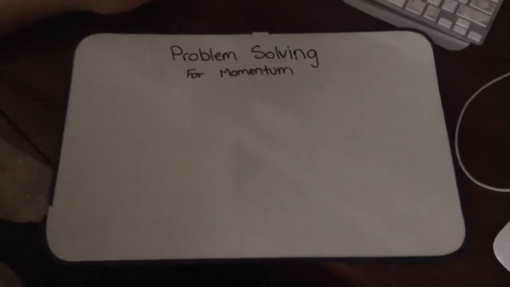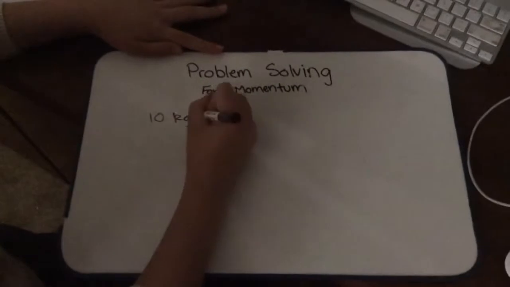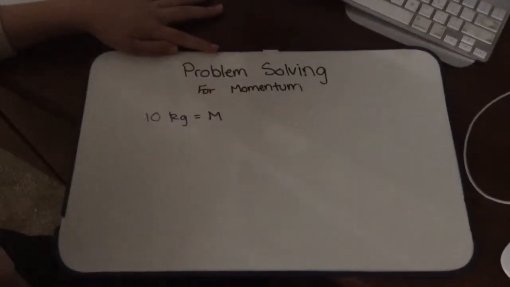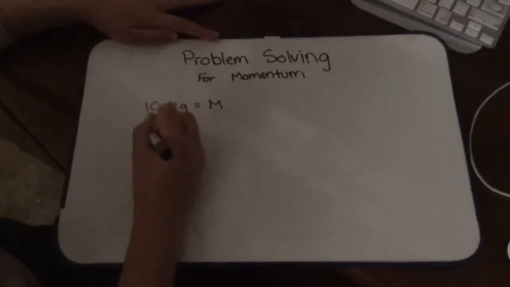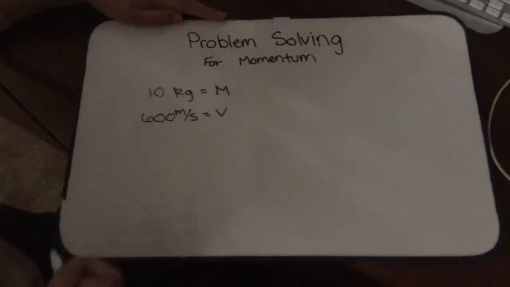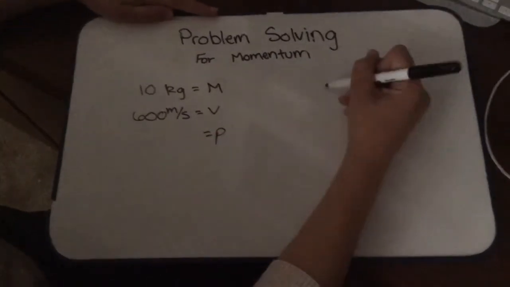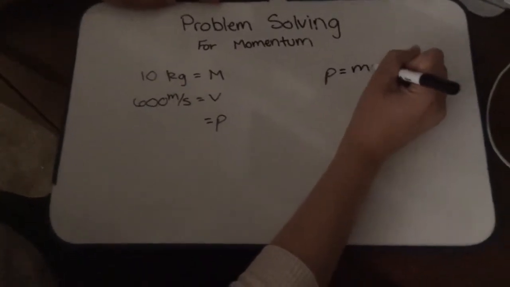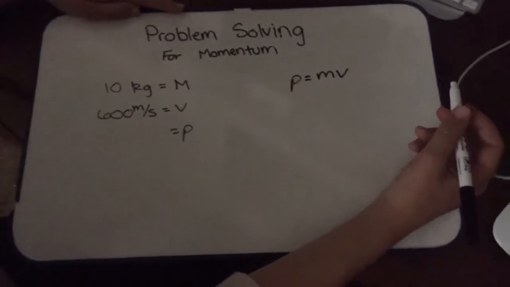Say Luis has a baseball bat, and the baseball bat weighs 10 kilograms. That's our mass. And one of his friends throws him a baseball, and he throws it at 600 meters per second. That's our velocity. We want to find the momentum. An equation for momentum is P equals M times V, which is momentum equals the mass times the velocity.